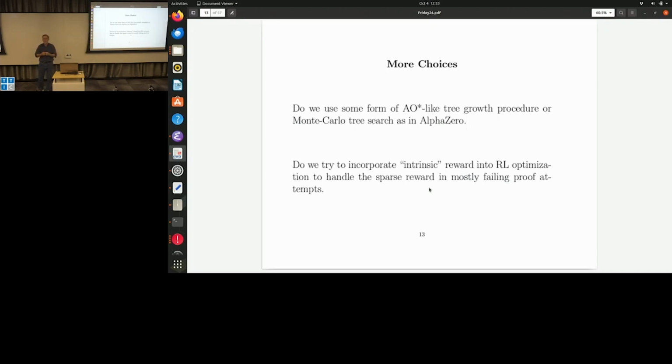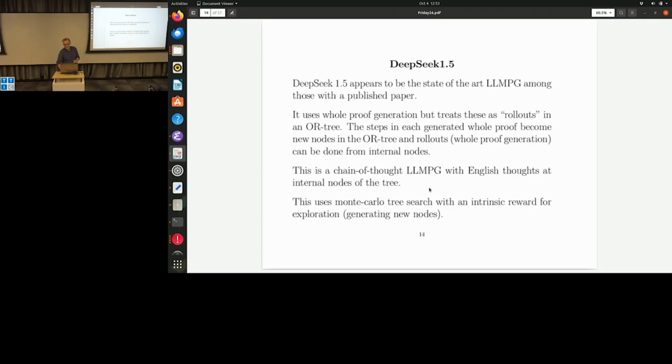They reward the system for how many distinct states it can reach in its search. And by increasing the number of distinct states, they somehow increase the probability that they're going to find a solution. It's really a simple idea.